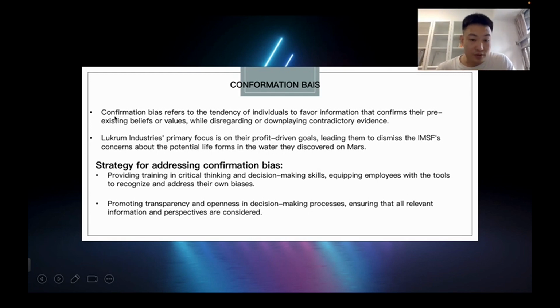Confirmation bias refers to a tendency in individuals to favor information that confirms their pre-existing beliefs or values, while disregarding or downplaying contradictory evidence.